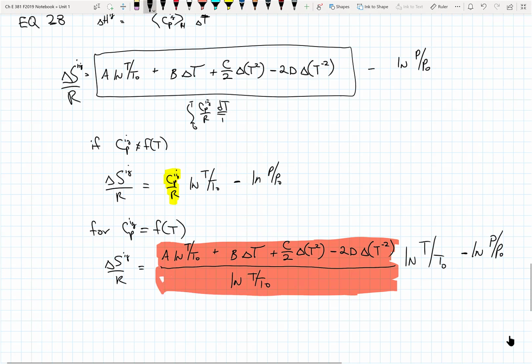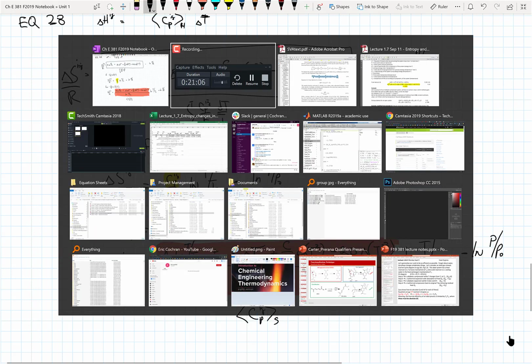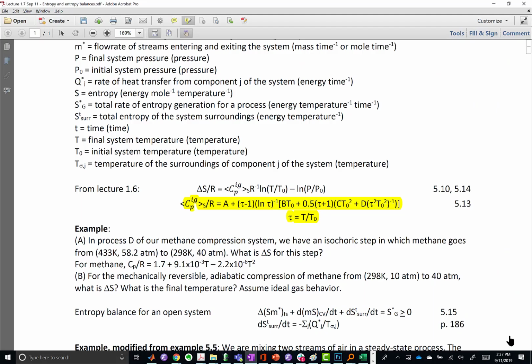The way that is going to be annotated is Cpig, subscript S. All right, so that's one algebraic form that is correct that you can use to calculate that mean entropy heat capacity quantity. We go to your equation sheet.